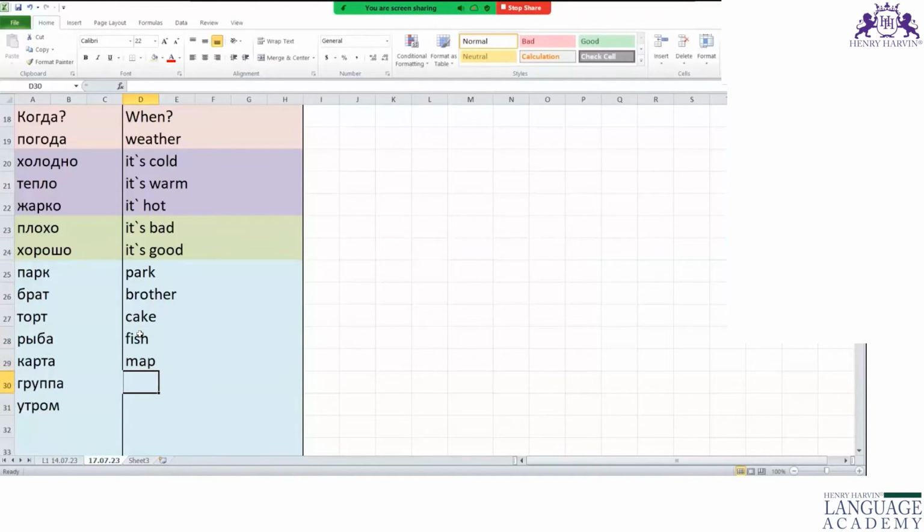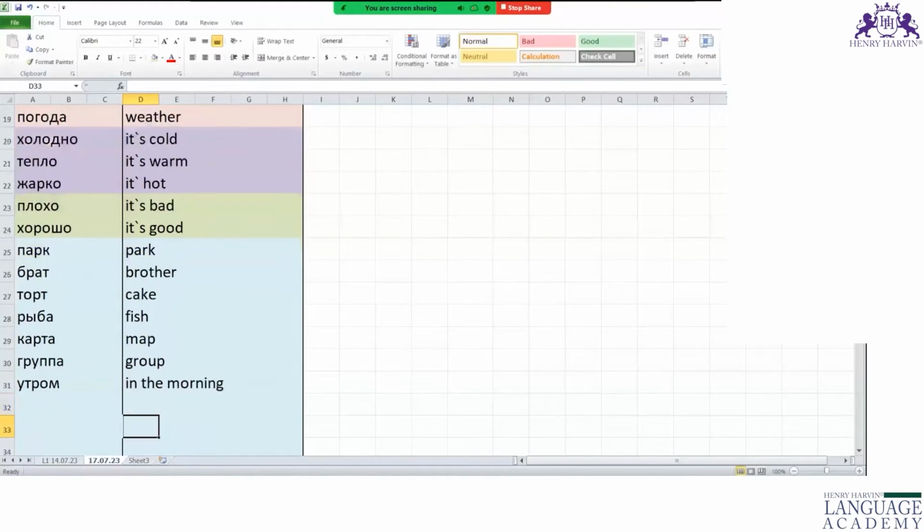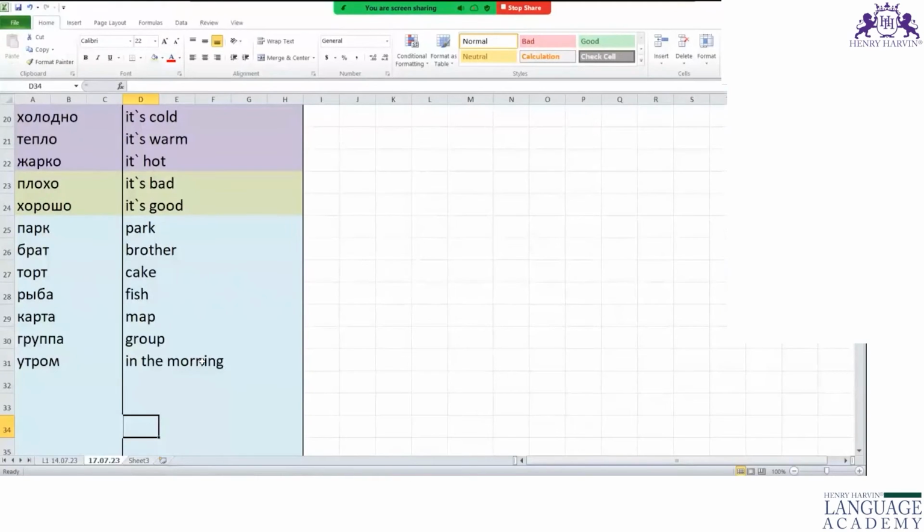Группа is a group, like you are a group of students. Утром is in the morning. Карта is a map to read, like the map of the world, or you open some Google map. Скажи, открой Google карты. Okay, Google map is Google карты.